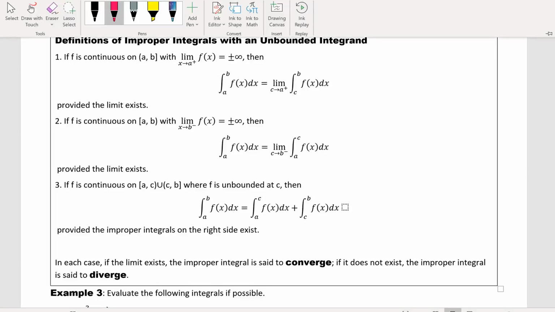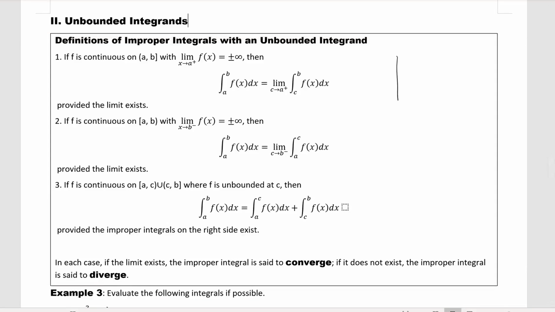So if f is continuous on an interval with the limit when x goes to a from the right is infinity or minus infinity, then the improper integral. So let me draw the picture. We have a and b right here, and then we have a problem at a.